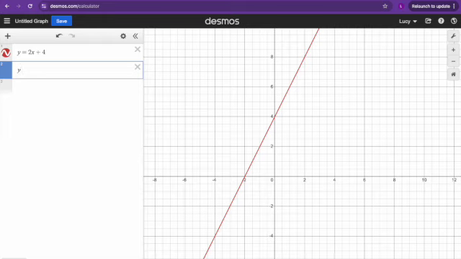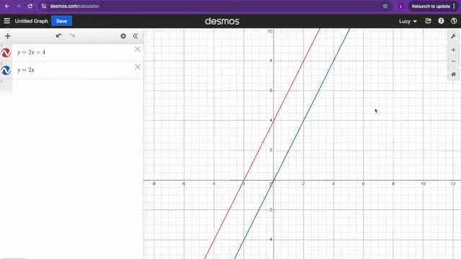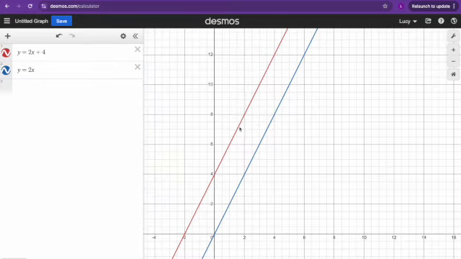So I'm going to start by making another line with the same slope that goes through the origin. And I'm going to recognize that because these two lines have the same slope, if I push this blue line up to intersect with any point on this red line, the lines are just going to overlap each other and become the same line. Instead of pushing it up to the point 0, 4, I'm going to try to drag it over to another point, like 2, 8.